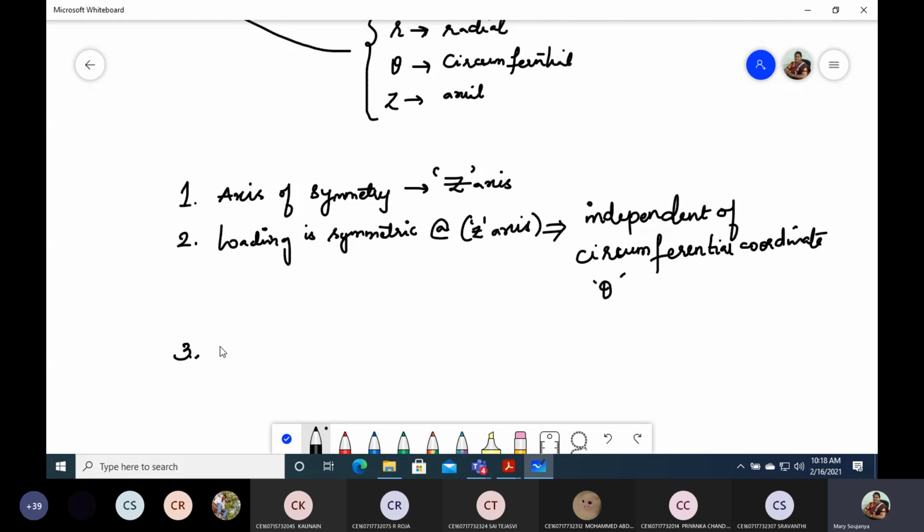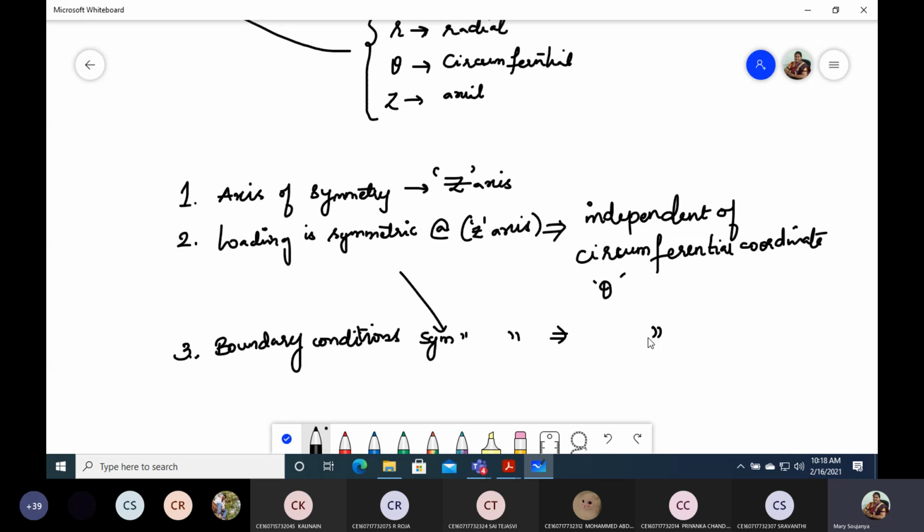The same with the next condition also: boundary conditions are also symmetric about the axis. Therefore, it is independent of the circumferential coordinate theta.